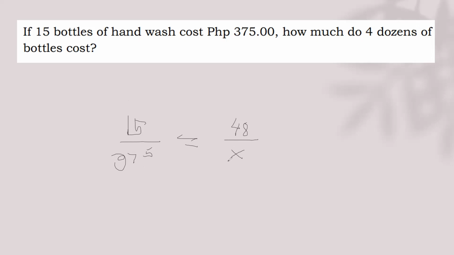So we have to cross multiply. So that will be 15 times x equals 48 times 375. So 15 times x is 15x, while 48 times 375 is 18,000.